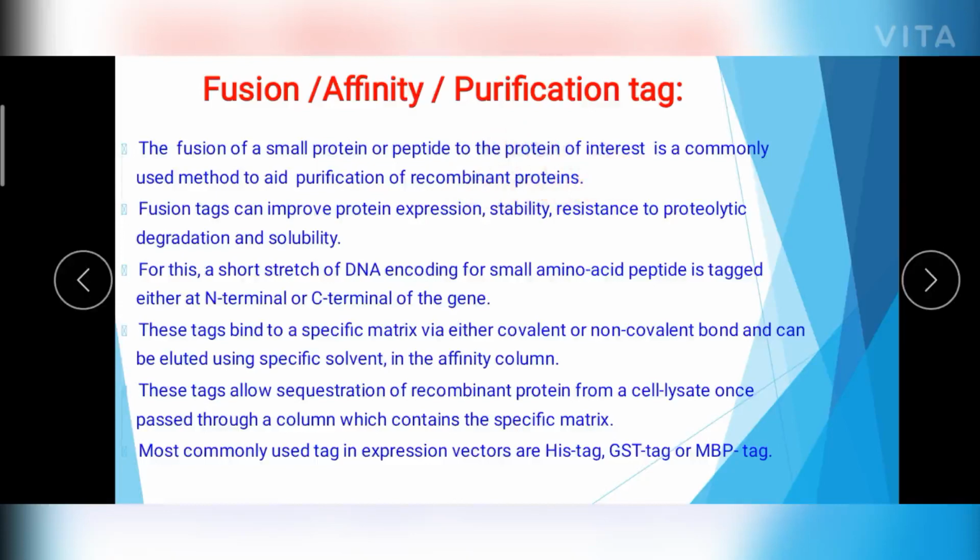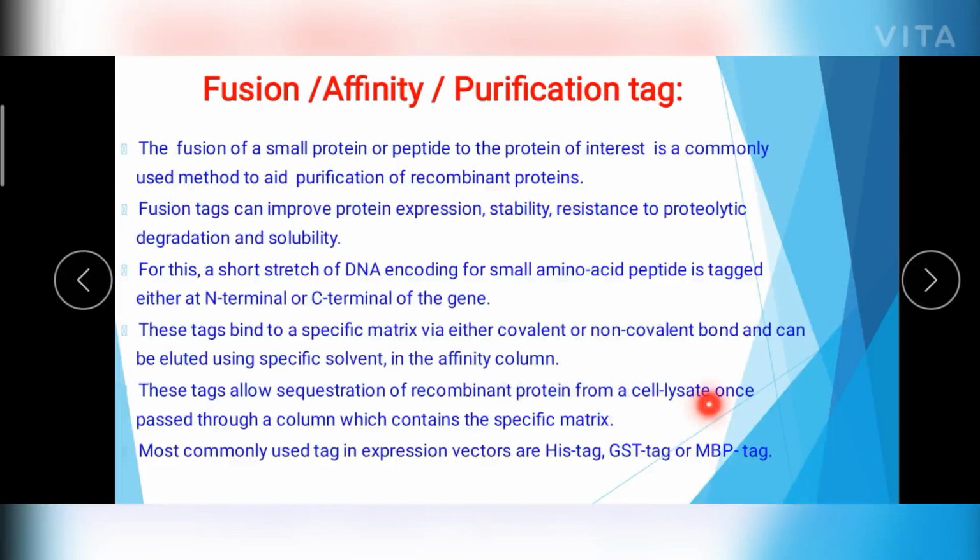These fusion proteins are stable in nature, resistant to proteolytic degradation, and more soluble. The presence of this tag helps in the easy purification of this particular recombinant protein from the cell lysate.